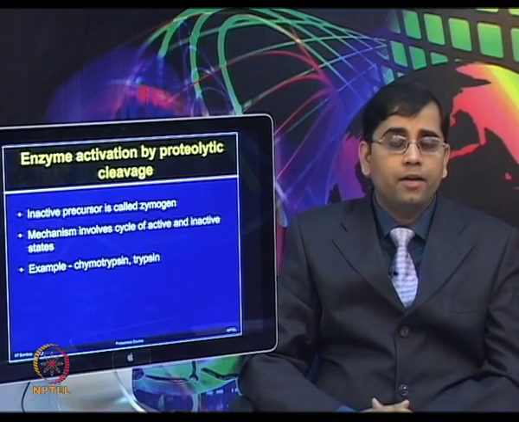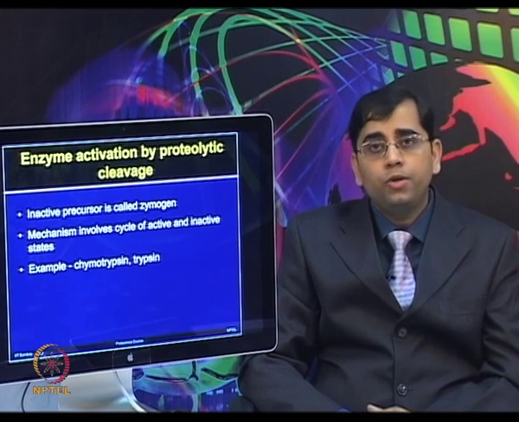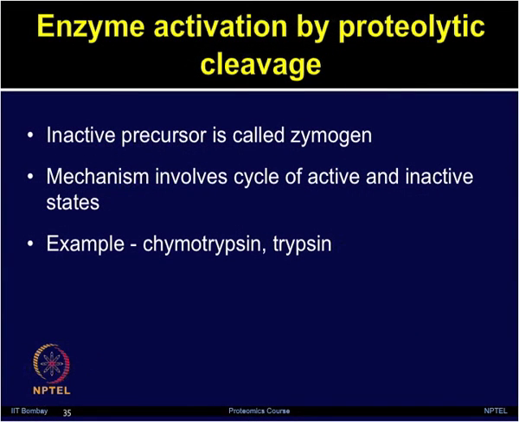Now, the last regulatory strategy is enzyme activation by proteolytic cleavage. Enzymes can be controlled by this mechanism, which cycles between active and inactive states. The inactive state, which is a precursor, is known as zymogen or proenzyme.